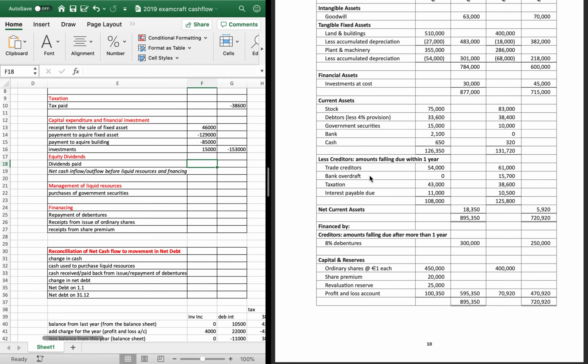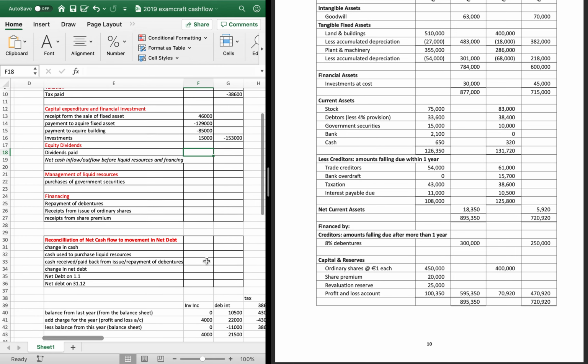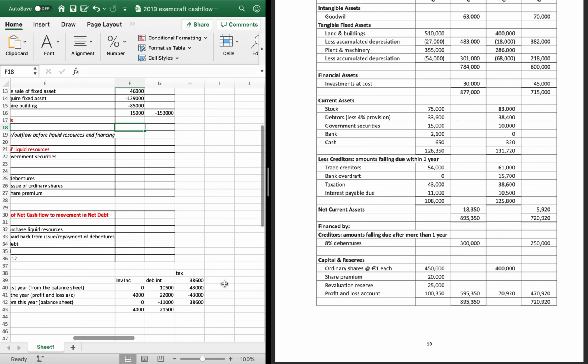Dividends, right? Dividends are your same working as your investment income, debentures, interest, and so on. So we take our balance from last year for dividends if there is a balance. So have a look here. There's no balance, so it's just zero.